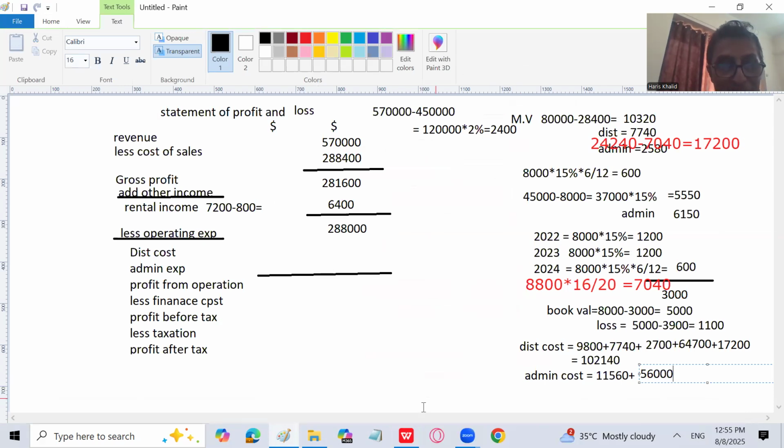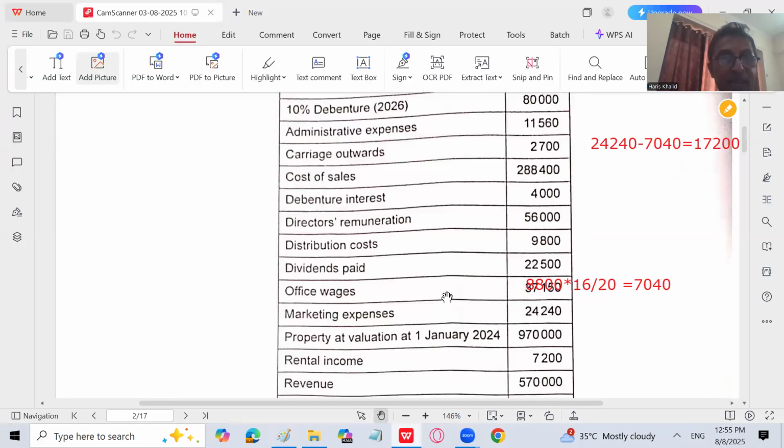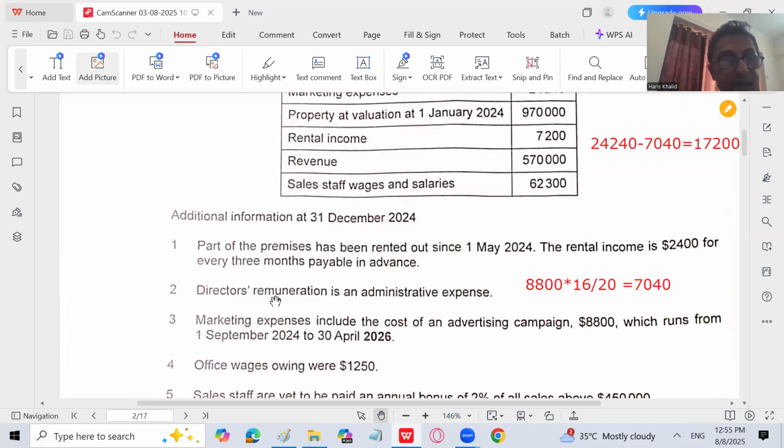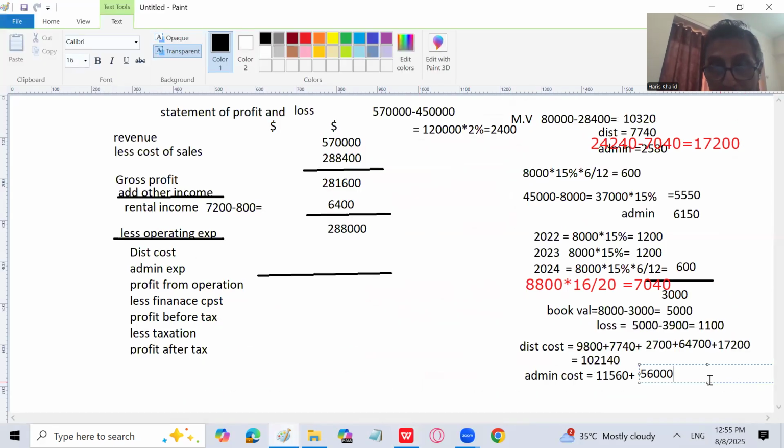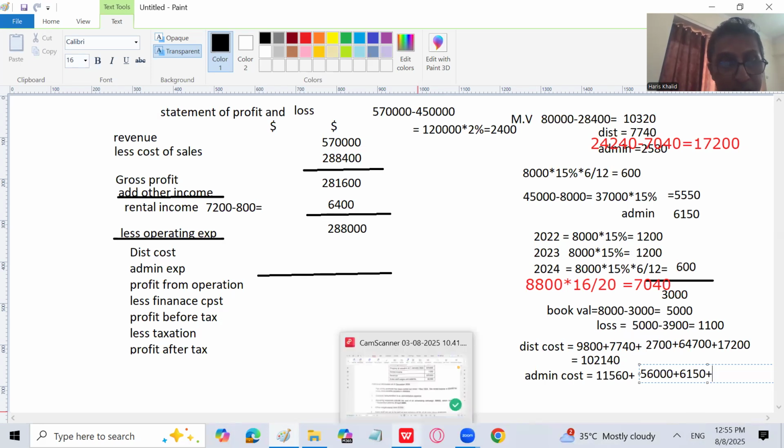Because directors are always a part of the admin department, and it is given in the question that director's remuneration is an admin expense. Then the depreciation on office equipment should also be written under admin expenses, office depreciation, that is going to be 6150, including the current year depreciation, which includes the asset sold depreciation and the existing asset depreciation, both will come.